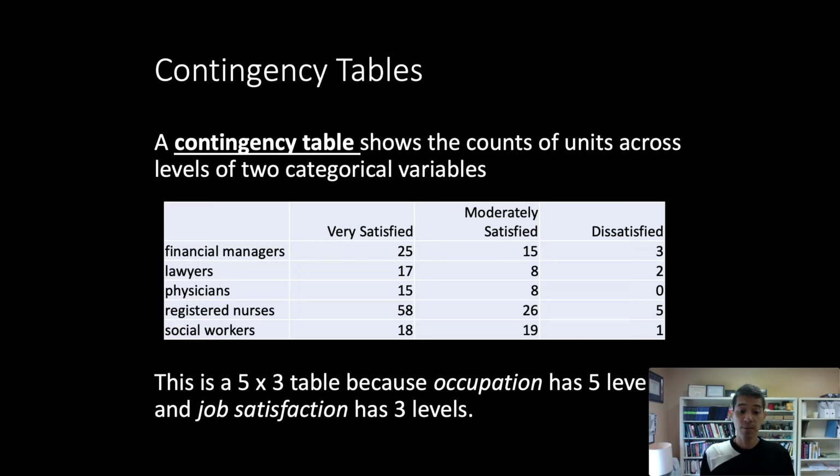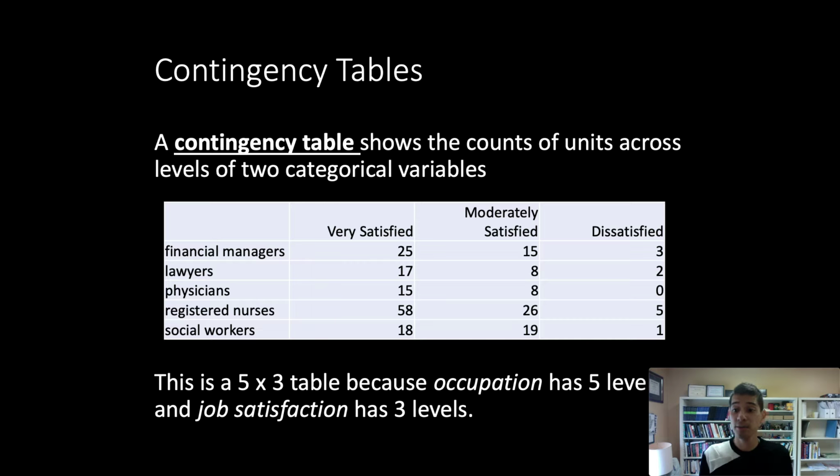So this is a table that we would say is 5 by 3. That little x, we pronounce it by. It's 5 by 3 because there are 5 levels of the variable occupation, and there are 3 levels of the variable job satisfaction. So there are only 2 variables here, but one has 5 levels and one has 3 levels.